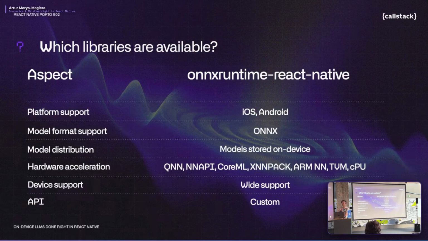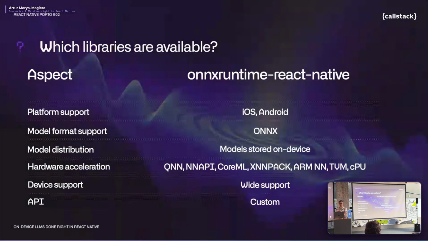You can build your own small vision model, for instance, or a classifier, and just pass it array buffers or tensors and get the results. Hardware acceleration is also wide, so we have QNN, which is Qualcomm's API for Qualcomm devices, and an API, as previously, CoreML, XNNPack, which is a library for SIMD operations on the CPU, so it will be slightly faster on the CPU.